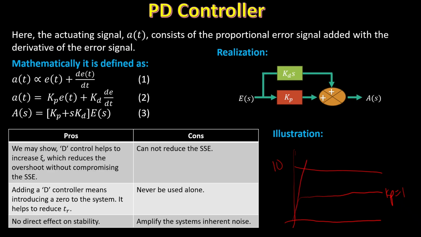In case of higher Kp, more oscillations will be there, but ultimately some error will be there. Steady state error cannot be 0. But in case of Kd, the problem is solved. The oscillations are no more, but some 5% or 10% error will still be there. So what are the pros? The pro is that it reduces the maximum overshoot, as written over here, and the con is that it cannot reduce the steady state error.